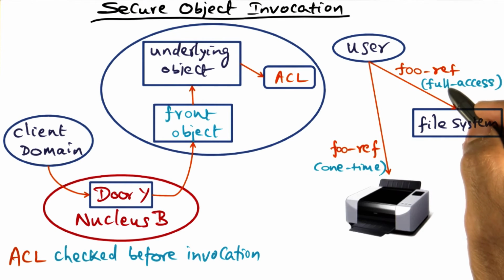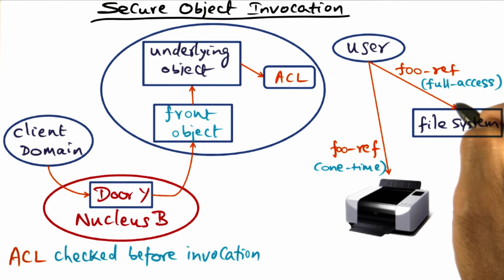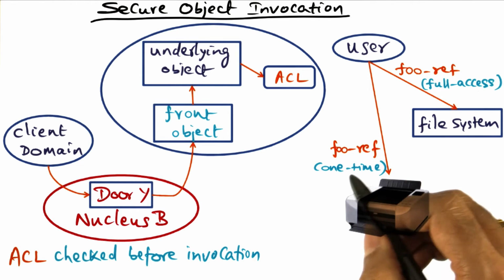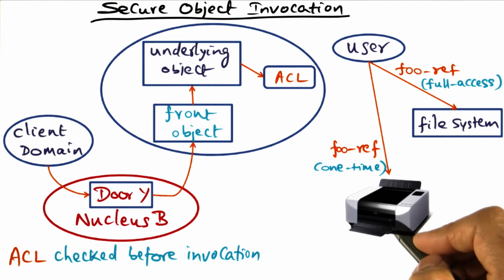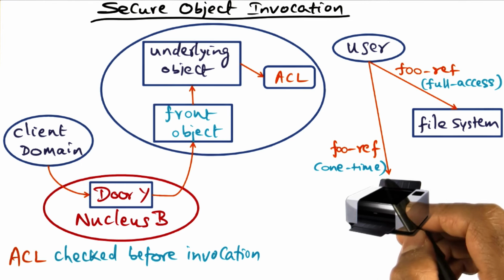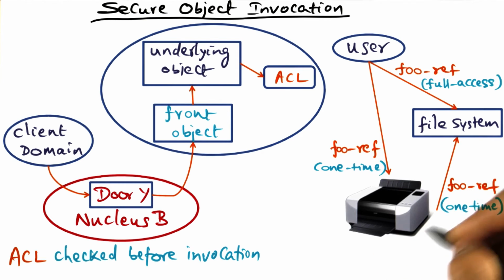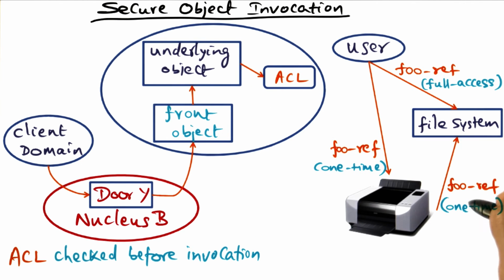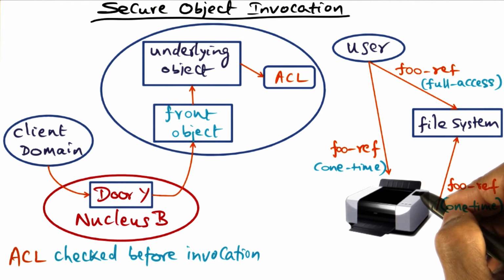So what I'm going to do is take this capability that I've got for this file foo, reduce the privilege level, and say that you've got a reference to the same object, but you have a one-time reference. Now the printer object can access the file system and present its capability, and the front object, which is associated with the file system, will verify that yes, the one-time ticket that this guy has is not expended yet, and therefore it is allowed to access this file so that it can do its job of printing.